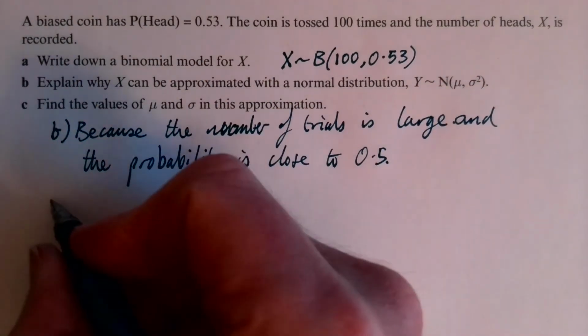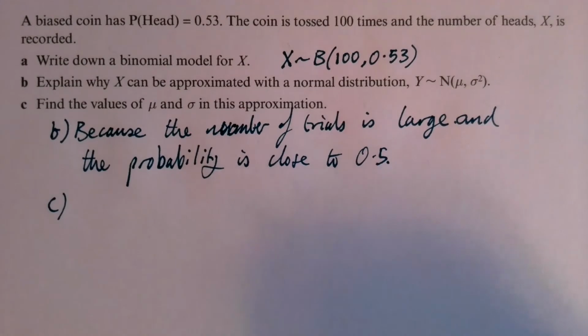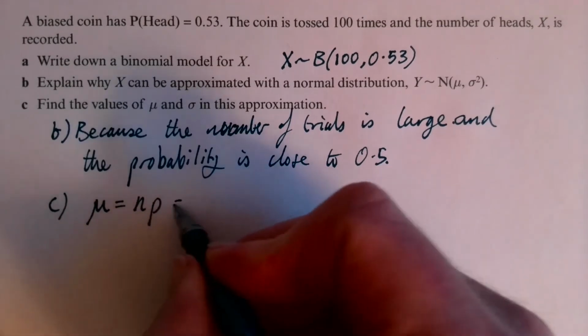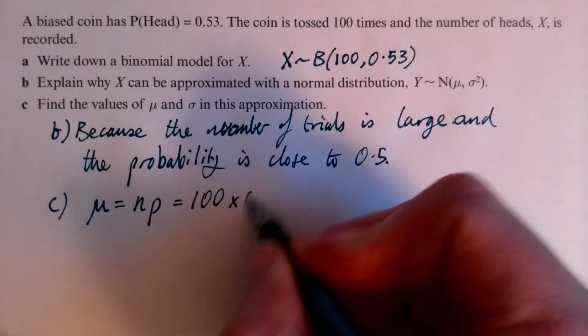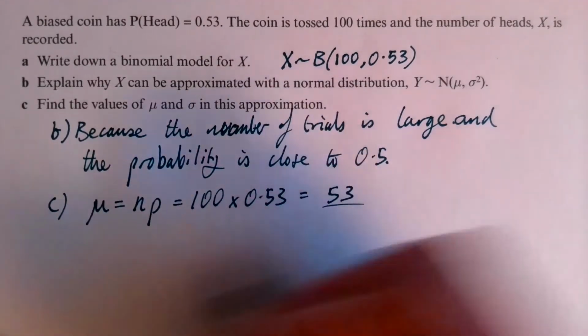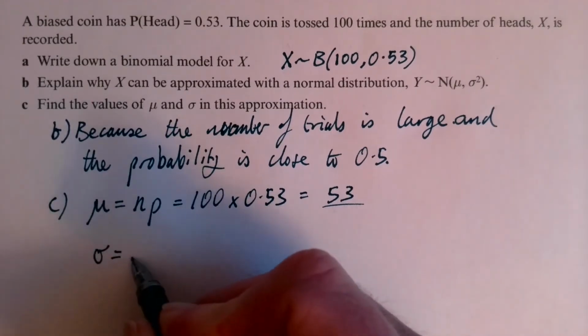Then finally, finding the values of the mean and the standard deviation. Well, the mean is easy, isn't it? The mean is n times p, so that's going to be 100 times 0.53, which is 53, and the standard deviation is that little bit trickier.